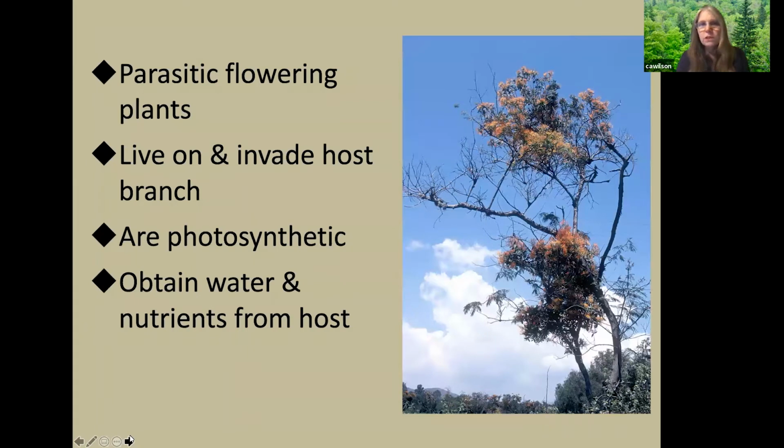So what are mistletoes? They are parasitic flowering plants, and they live on and invade a host plant. The host really supports them, but also provides water and nutrients because the parasite penetrates the bark.